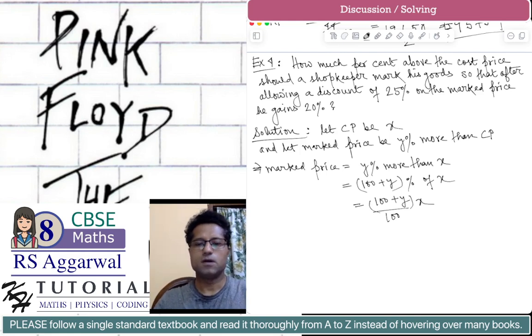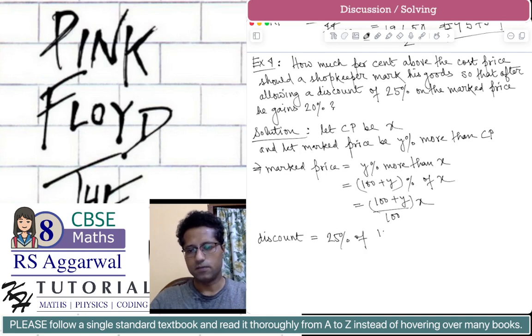Now it is also given that the shopkeeper allows a discount of 25%. So discount is equal to 25% of the mark price, which is (100 plus Y) multiplied by X divided by 100.